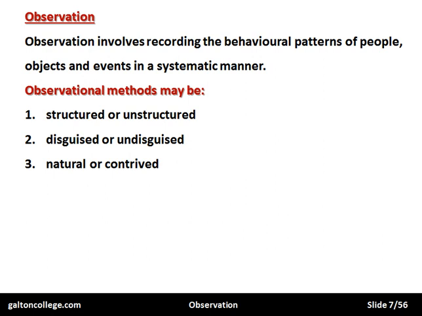They could be set up in a different setting, and the group, if it's a group observation, could be asked to operate in a different environment or under different conditions. That's a contrived observation. Natural is what I think interests most observers, to try and find out what is the outcome in the natural setting.